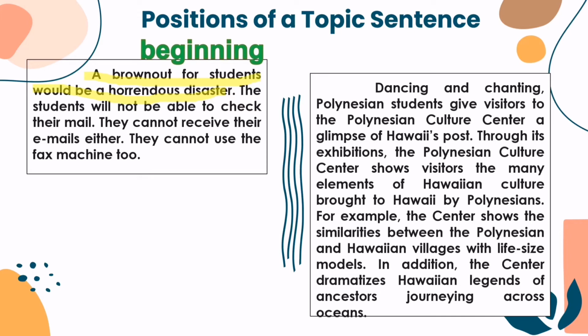In addition, the center dramatizes Hawaiian legends of ancestors journeying across oceans. The topic sentence for this paragraph is: through its exhibitions, the Polynesian Culture Center shows visitors the many elements of Hawaiian culture brought to Hawaii by Polynesians. In this example, the topic sentence is placed in the middle.